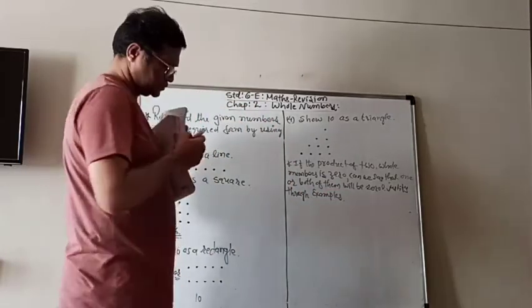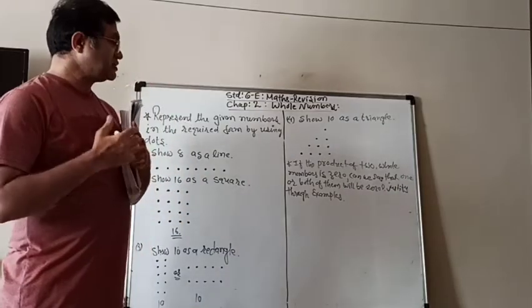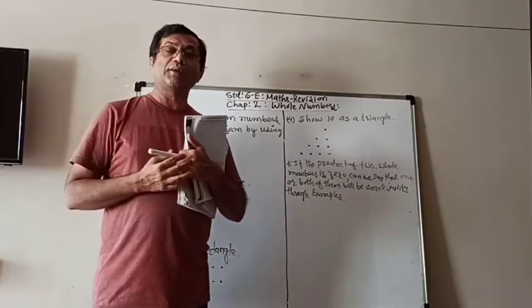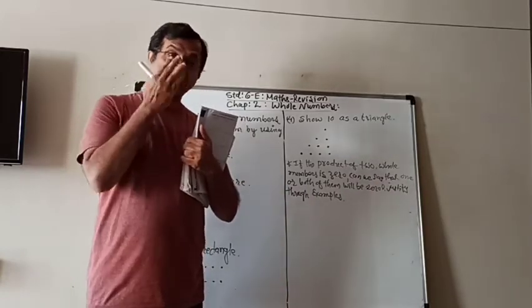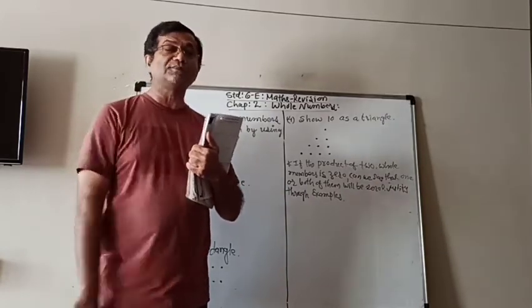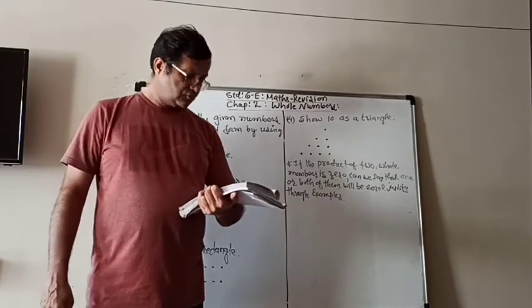Now it says that the product of two whole numbers is 0, then either one of them or both of them will be 0.